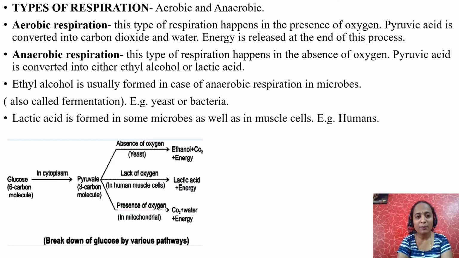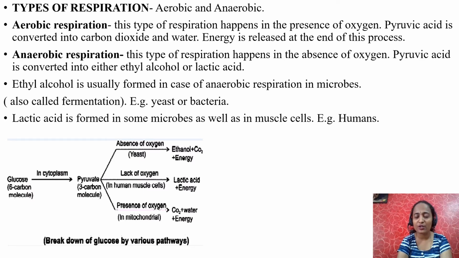Now, the fate of pyruvate depends upon the presence or absence of oxygen. If the oxygen is absent, for example in case of yeast, the end product is ethanol. Not only ethanol, it also releases carbon dioxide and energy. But compared to aerobic respiration, anaerobic respiration yields very less energy.